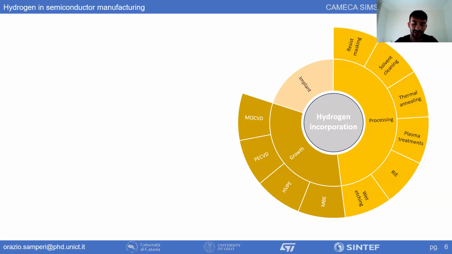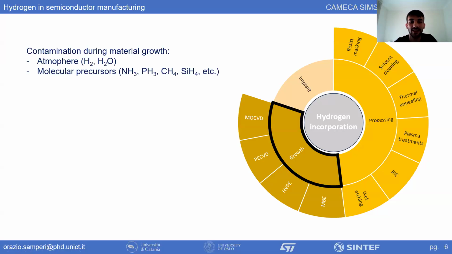Hydrogen is a really abundant element that you can find in perhaps every step of semiconductor manufacturing, starting from the beginning, from the growth of semiconductor materials, because most of the deposition techniques used to grow thin layers of semiconductors use precursors that contain hydrogen, basically.